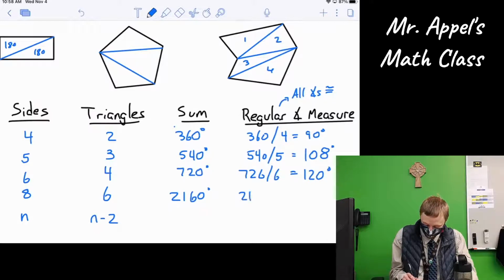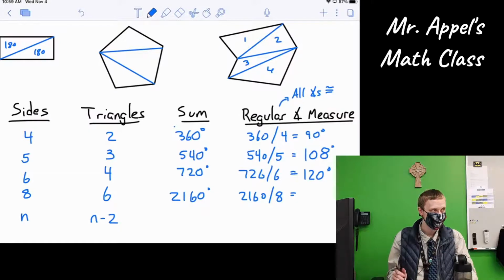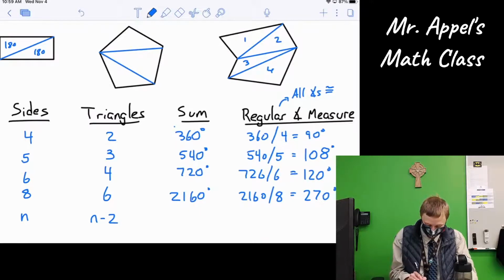And what is 1,080 divided by 8? 135. So the sum will always be 180 times n minus 2.